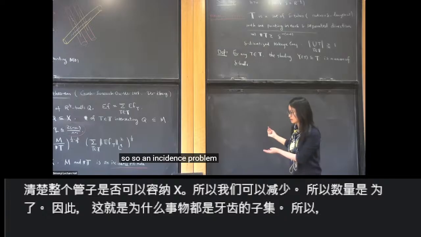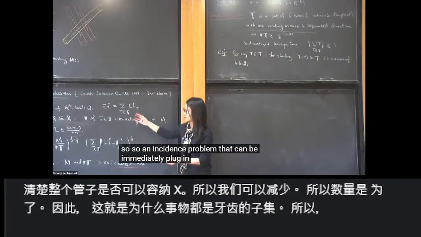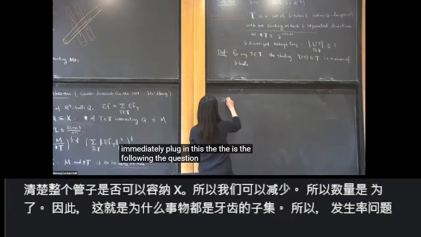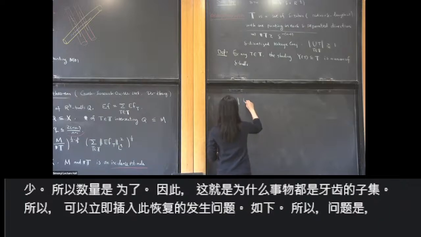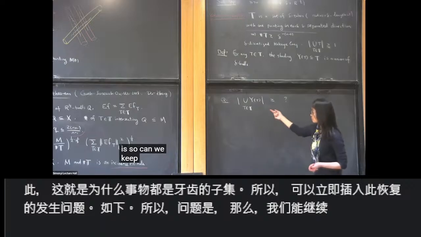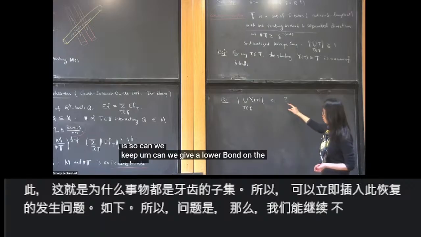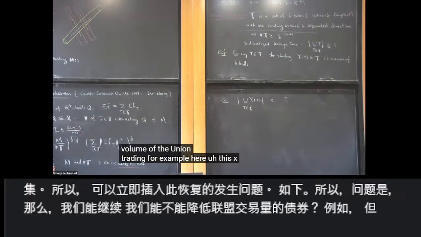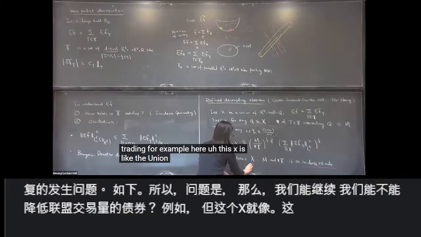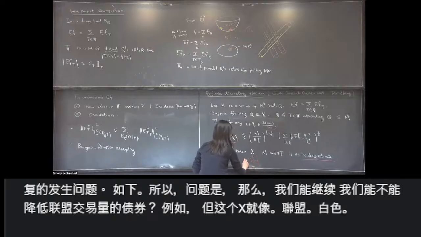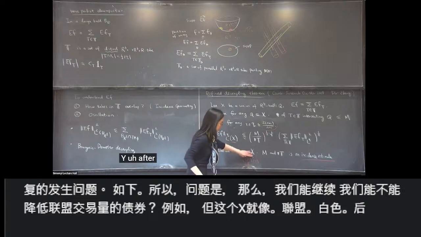So an incidence problem that can be immediately plugged into this decoupling theorem is the following. The question is, can we give a lower bound on the volume of the union of the shadings? So for example, here this X is like the union of the Y_T after rescaling.